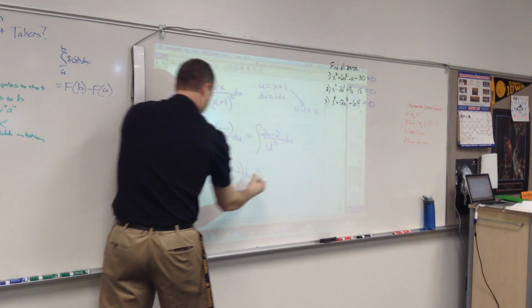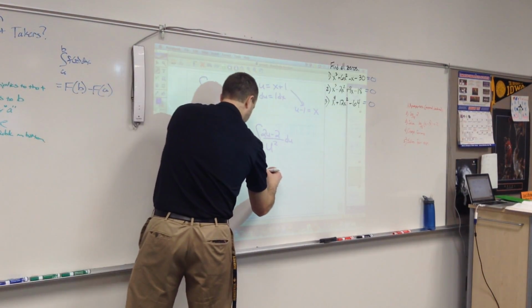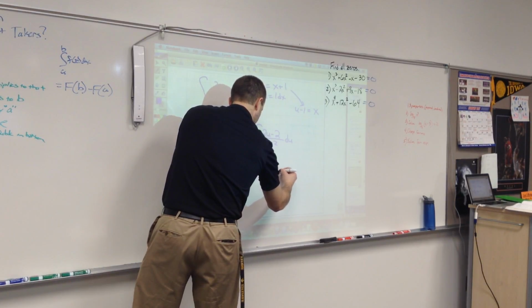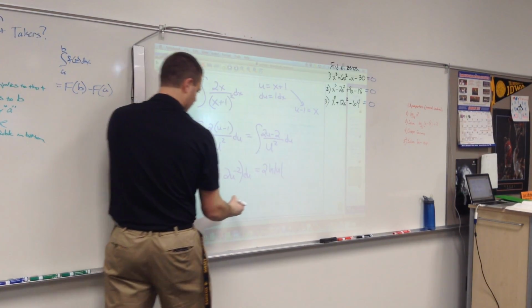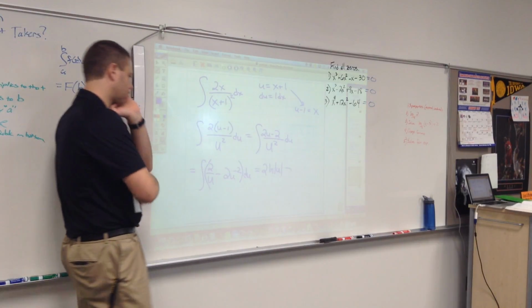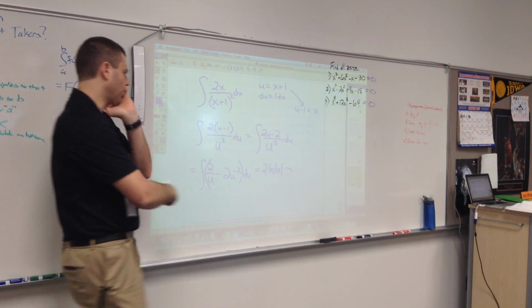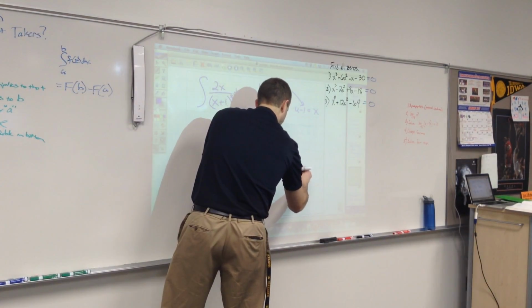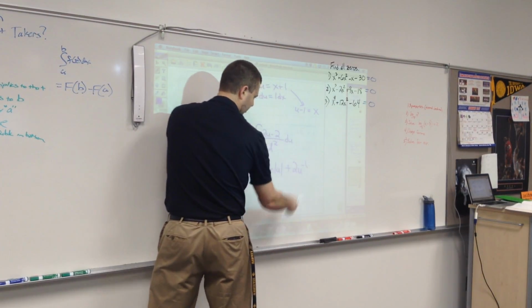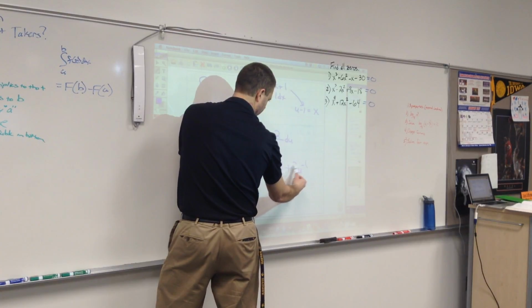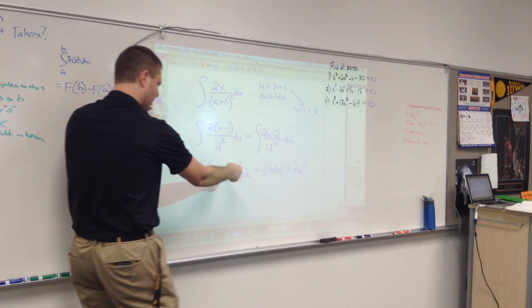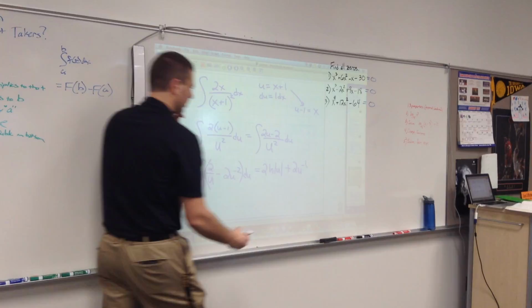And that would be 2 natural log u plus 2u to the negative 1, because the derivative of that would be negative 2u to the negative 2, plus C.